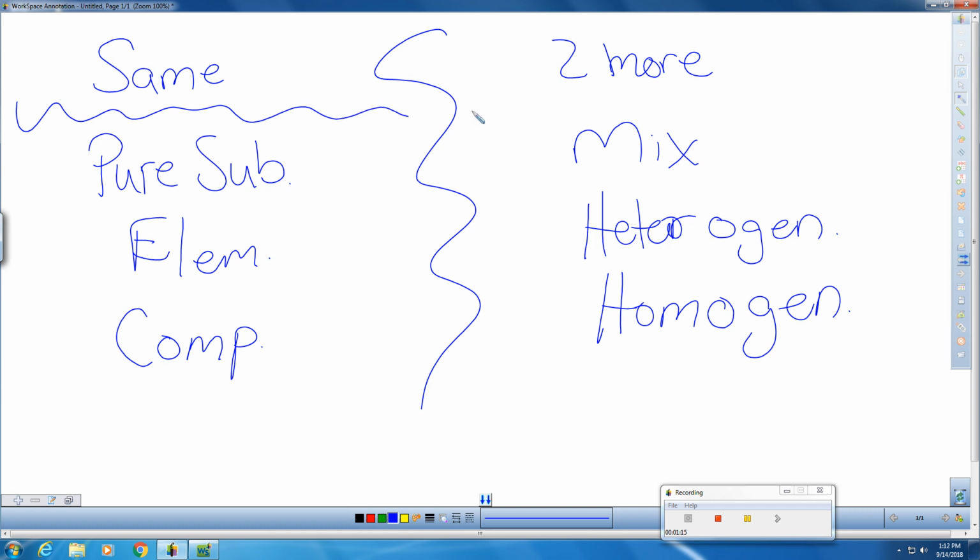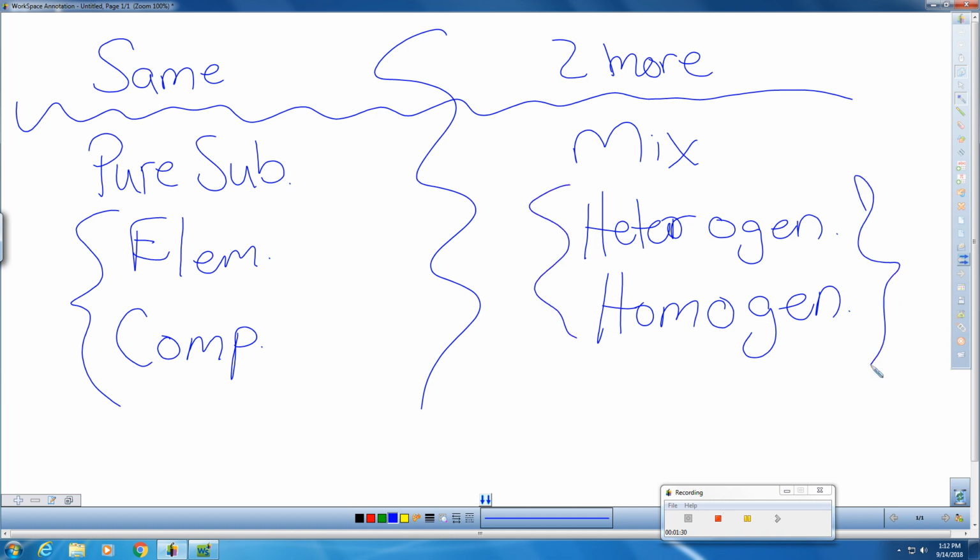Ask yourself the question, are the items that are in that group all the same? If so, it's a pure substance. That means it can only be an element or a compound. If it looks like there are two or more different things inside of there, then that's going to be a mixture, which means it can only be a heterogeneous or homogeneous mixture at that point in time. So just kind of keep that in track.